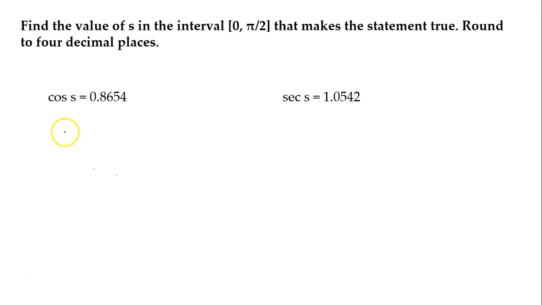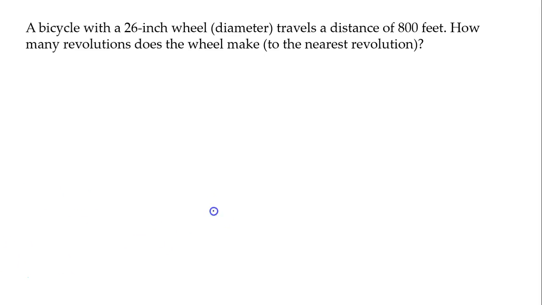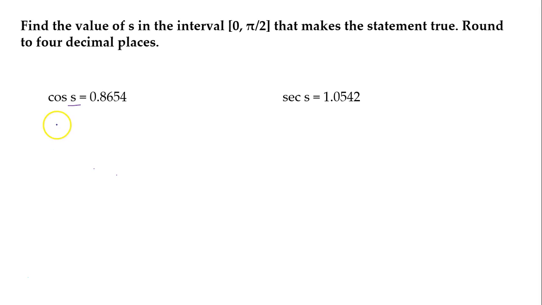For this first one, to find s, remember, to find your angle, you need to take the inverse cosine or inverse trig function. Okay, so I'm going to say cosine inverse of my 0.8654. That is equal to your s. And you just type that into your calculator.